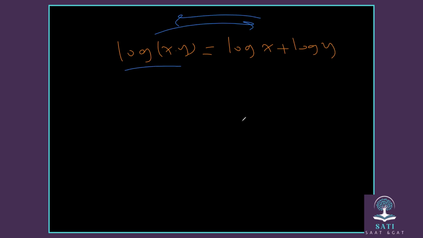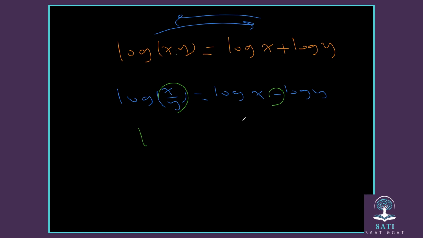So if you have the left side, you can find the right side this way, or if you have the right side, you can change it to the left side. Get another one. If I have log of x over y as division, in this case you write it log x minus log y. So if it is division, then subtraction. If it is multiplication, then addition.